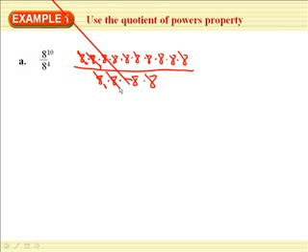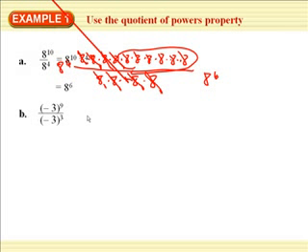If I cancel the same number of eighths on the top and the bottom, I would have on the top 1, 2, 3, 4, 5, 6 eighths left, which would be 8 to the 6th. So look at the property. What is 10 minus 4? 6. So that's where it comes from. You don't have to write that out, you can just subtract.